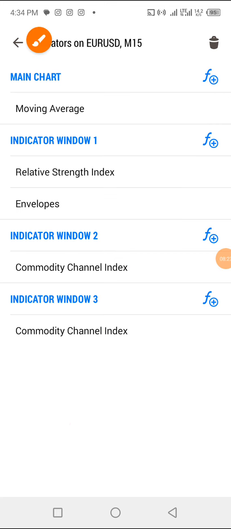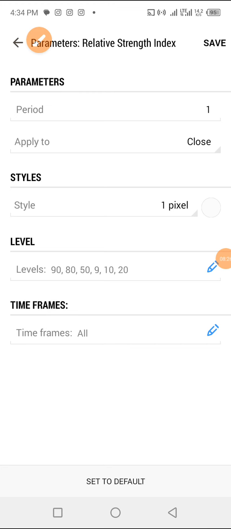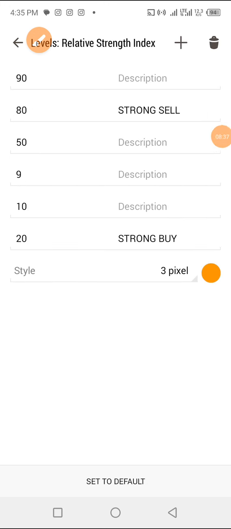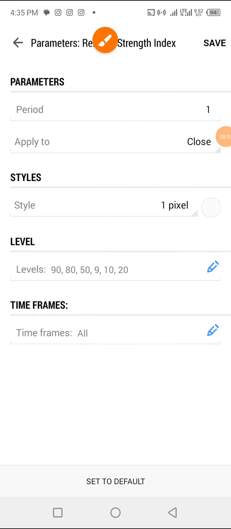Under oscillator, you'll be able to find relative strength index. Then when you click on relative strength index, the period should be 1, apply to close. Then you use the background color as your style. The levels are level 90, 80, 50, 9, 10, and 20. So when your line is below level 20, it indicates a strong buy, and when it is above level 80, it indicates a strong sell. Then you click on save.